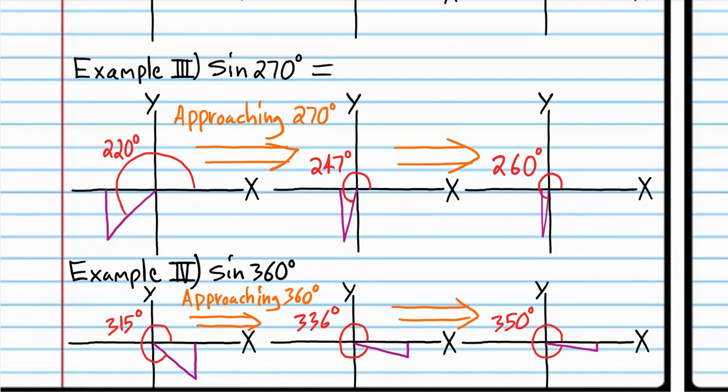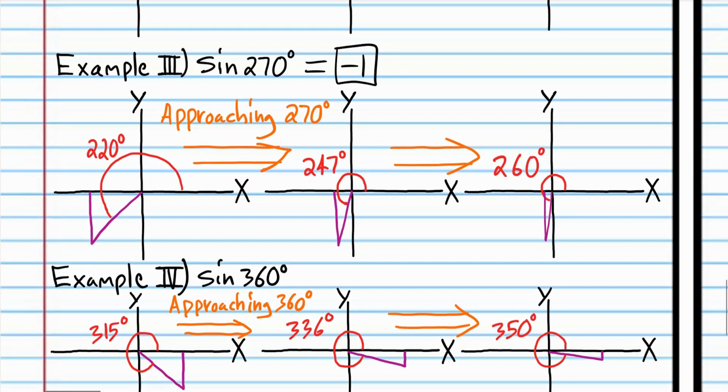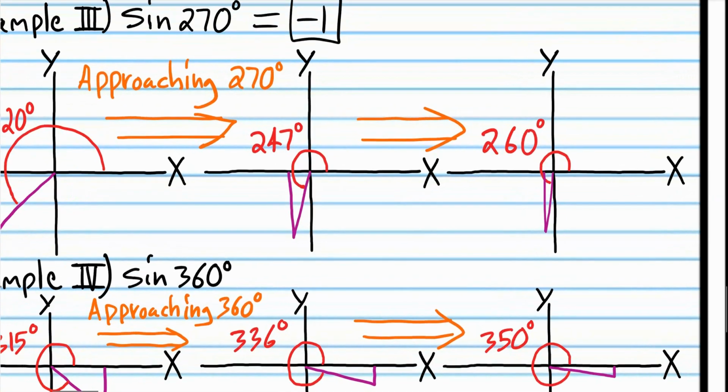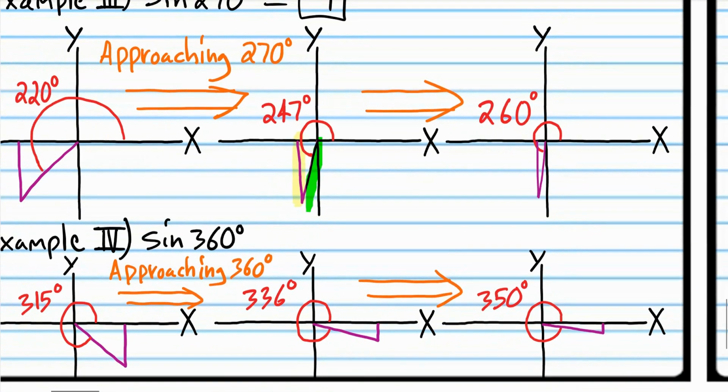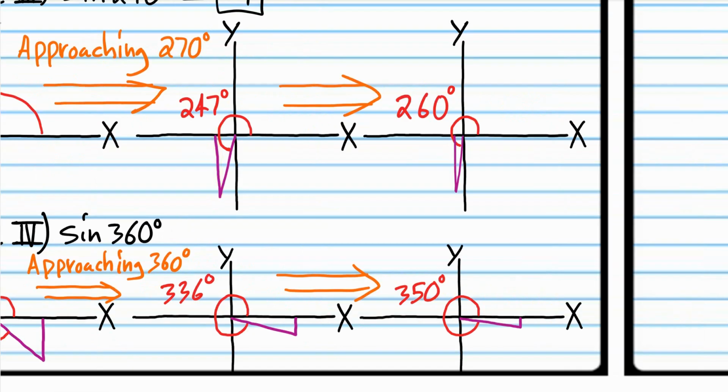Sine 270 is equal to -1. Again, it may not be obvious why that is. Sine is defined as the side opposite divided by the hypotenuse, as we mentioned many times already. So it's the yellow side divided by the green side. But notice as we approach 270, just like when we approach 90 degrees, the yellow and green sides are getting closer and closer together when it comes to their length.